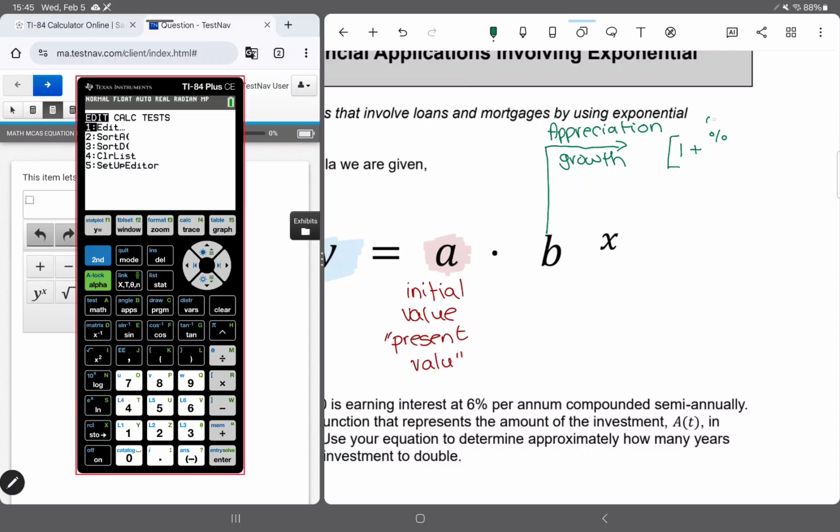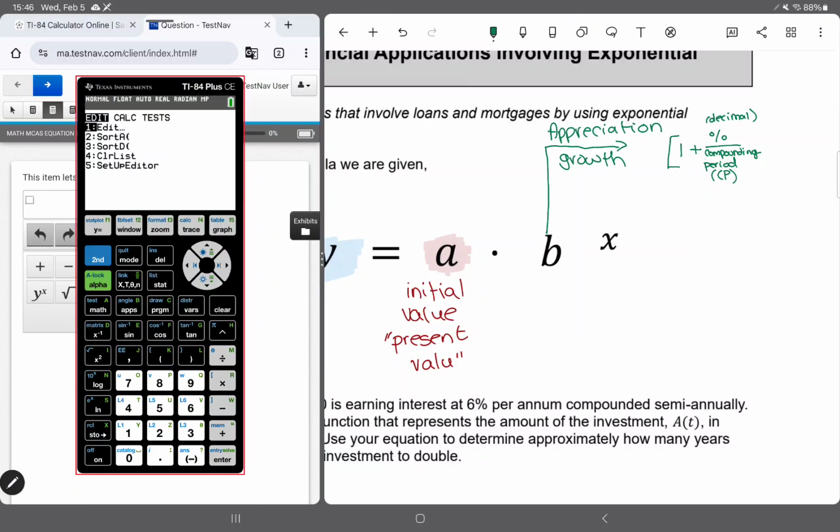We always want to make sure that this is written as a decimal, divided by what's called our compounding period. I'm going to abbreviate CP.